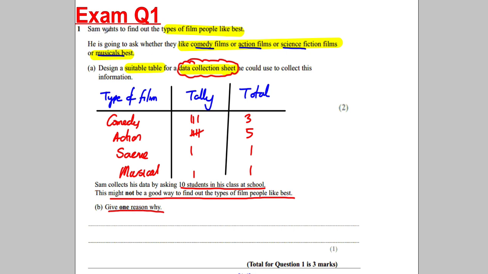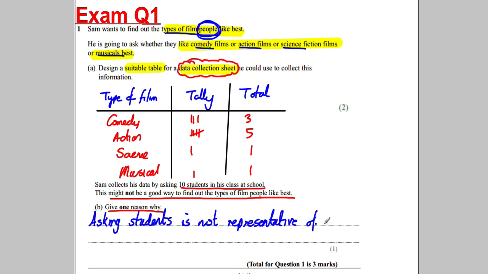Well, think about this. Sam wants to find the type of films people in general like best, not children. Okay, so what you've got to say is asking students is not, and the key word is representative, is not representative of all people. Okay, therefore might give biased results.